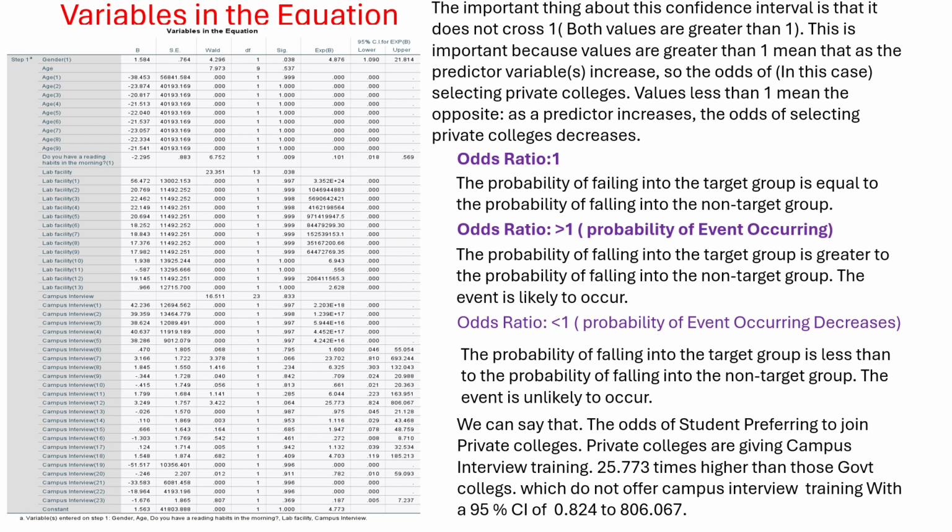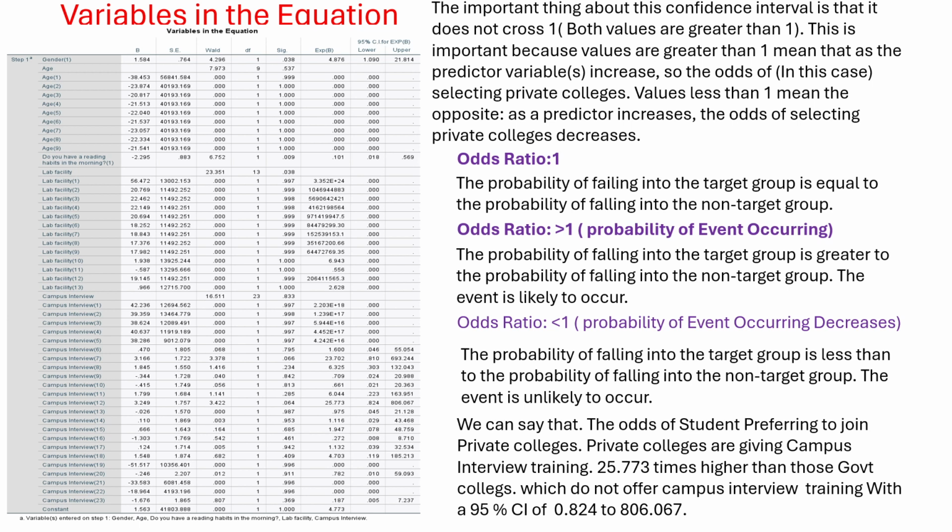So, odds ratio of 1: the probability of falling into the target group is equal to the probability of falling into the non-target group. Odds ratio greater than 1: the probability of the event occurring is greater, the probability of falling into the target group is greater than the probability of falling into the non-target group.